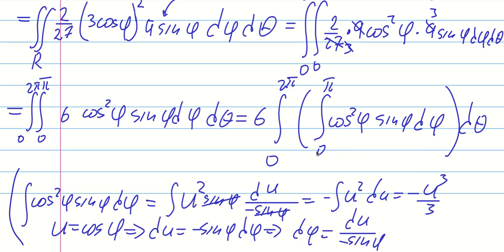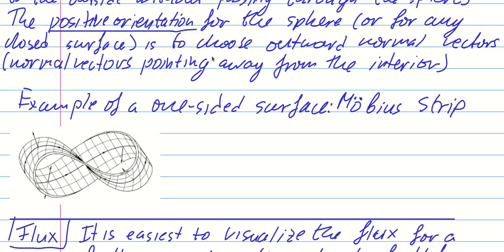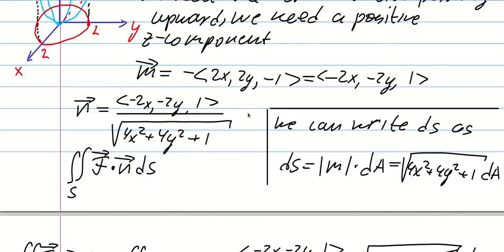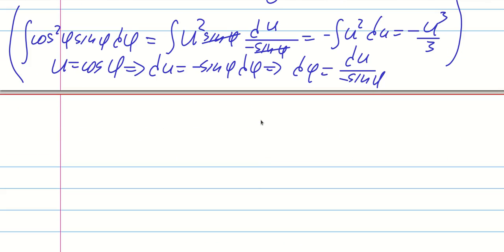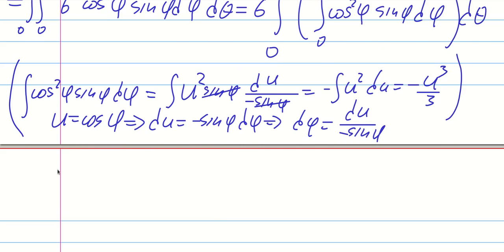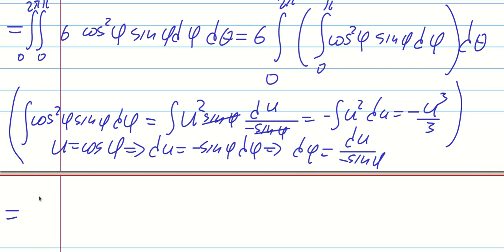Alright, so we've done it on the side, and we move forward. We say that our integral is equal to 6 times the integral from 0 to 2 pi of negative u cubed over 3.